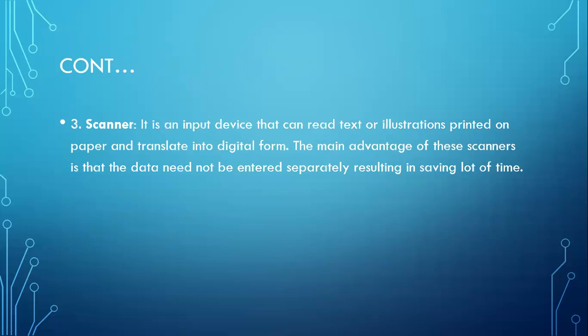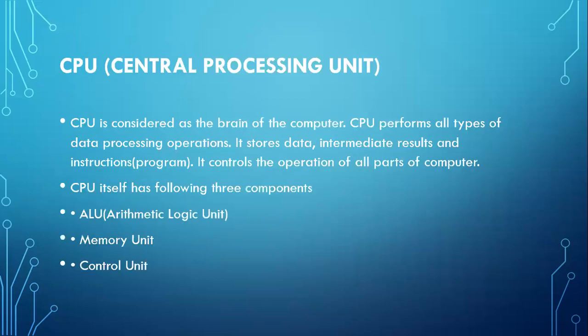The scanner is an input device that can read text or illustrations printed on paper and translate them into digital form. The main advantage of scanners is that the data need not be entered separately, resulting in saving a lot of time.